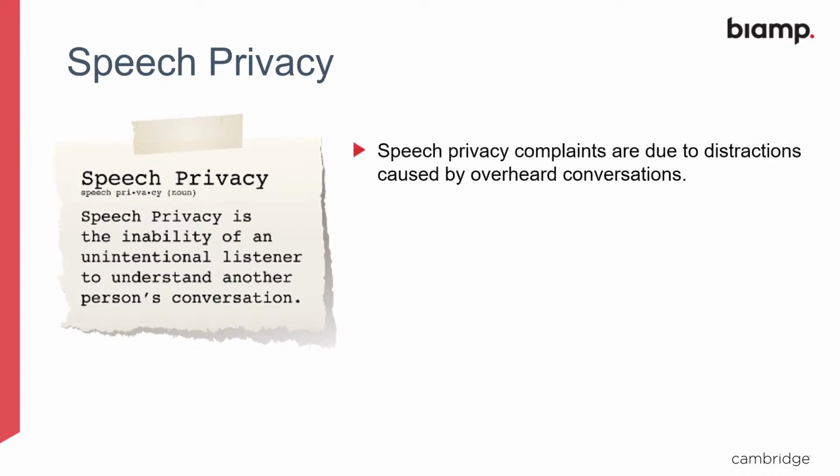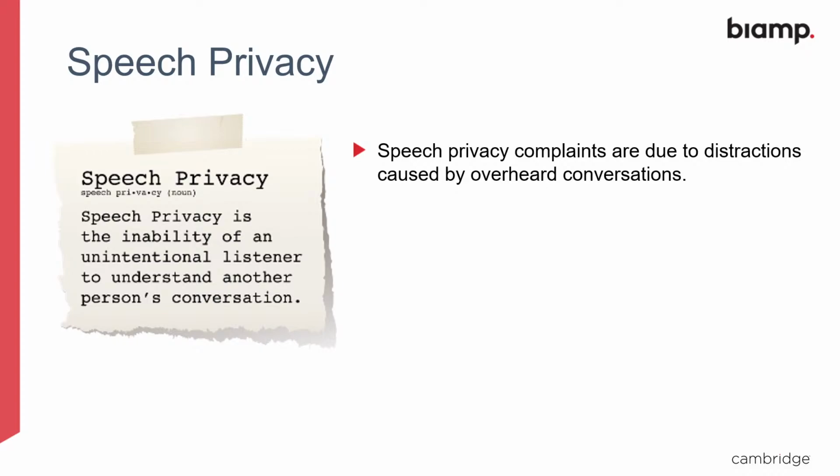So let's say, for instance, in a call center environment, two people sitting in an open floor plan environment, they are sitting right next to each other, they're both on phone calls, you can hear the other person's conversation. Or if you're sitting in an open plan office and you're just having a conversation, you're not necessarily at a call center, but somebody else is hearing your conversation. That's speech privacy.